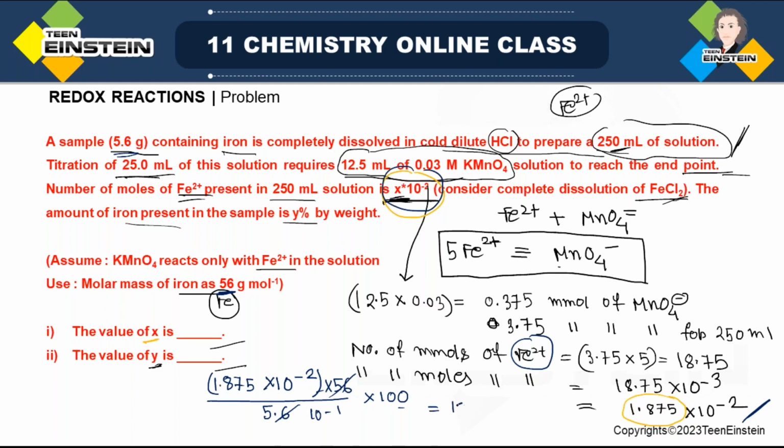So ultimately you are getting 18.75%. You don't need a calculator, it's a simple calculation. So this is the value of y and this is the value of x. So this will be the answer.